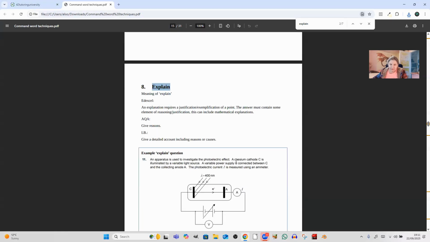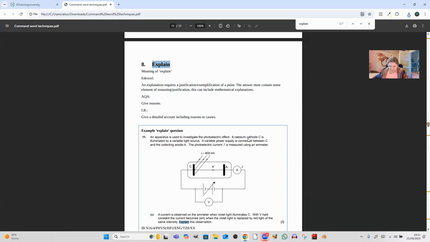Okay, so the meaning of explain. In Edexcel, if you're an Edexcel student, an explanation requires a justification or exemplification of a point. Exemplification means example. The answer must contain some element of reasoning or justification.